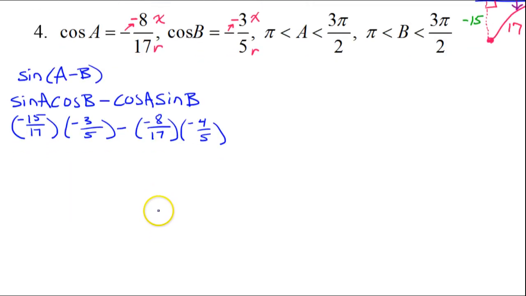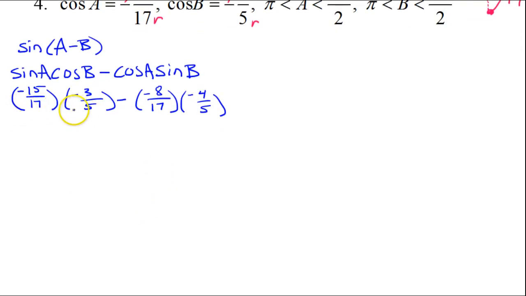Okay, that should do it. Multiplying this together, negative times negative is a positive. 3 times 15 is 45. So this is going to give me 45 over whatever 17 times 5 is. Oh yeah, 85. So that's 45 over 85 minus.